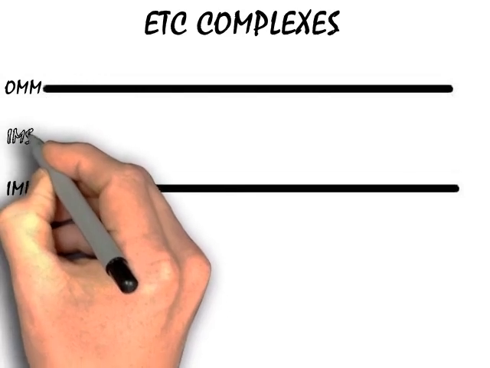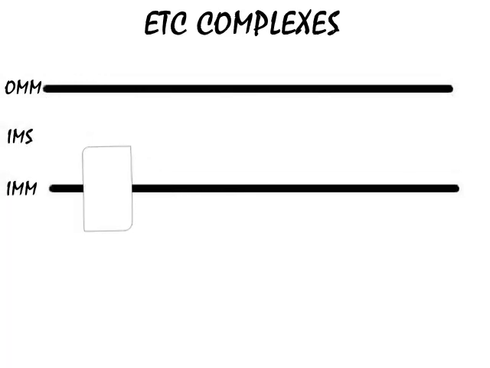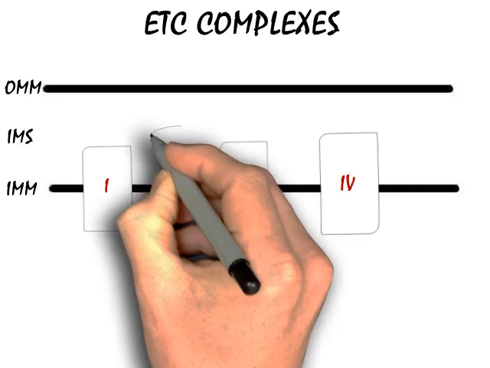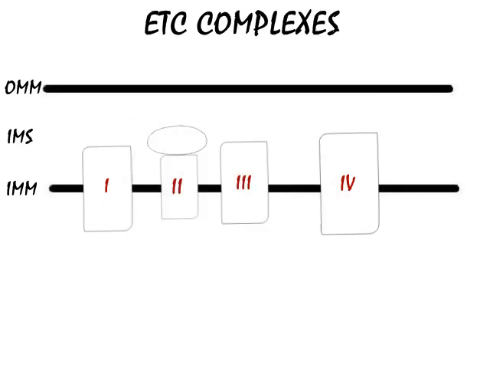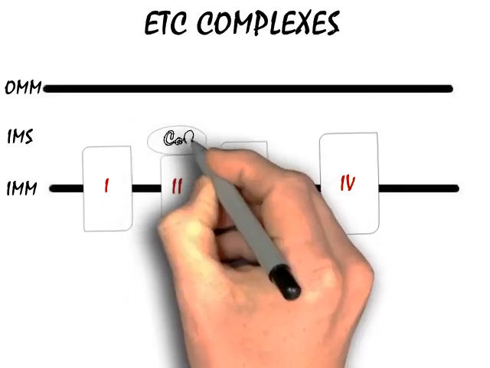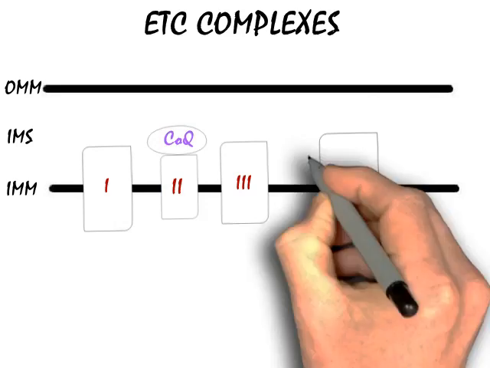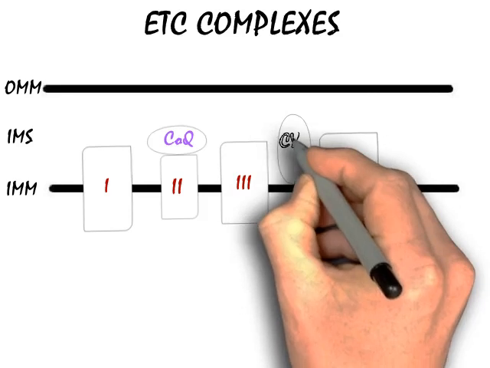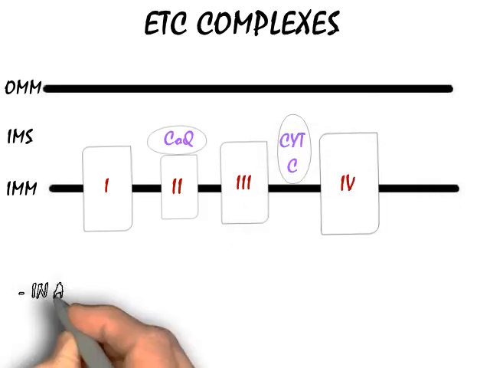And in the inner mitochondrial membrane we have 4 enzyme complexes, and these 4 enzyme complexes are numbered from 1 to 4 in Roman numerals. And we know that along with the 4 enzyme complexes we have 2 prosthetic groups. These are coenzyme Q and the cytochrome C. The cytochrome C works as the intermediate between the third and the fourth in transport of electrons.